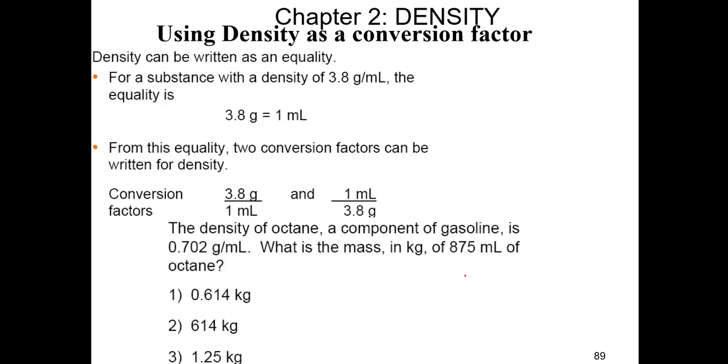And then our last topic is density as a conversion factor. Now, we've learned that we can go from mass to mass. So for example, I can go from the unit grams to kilograms, same system.